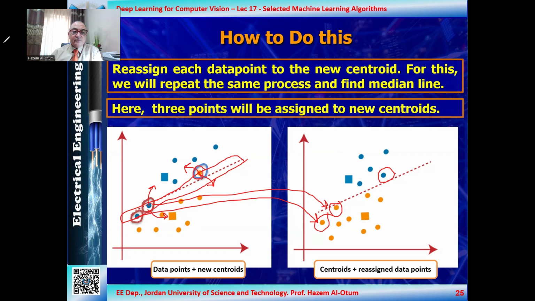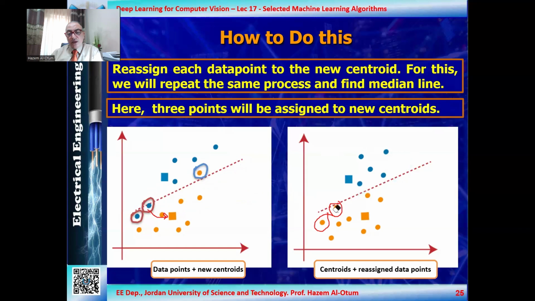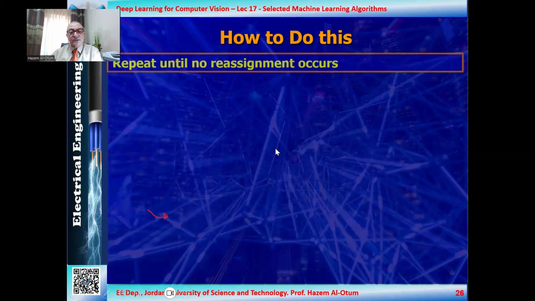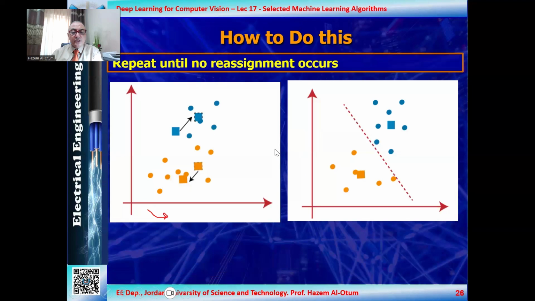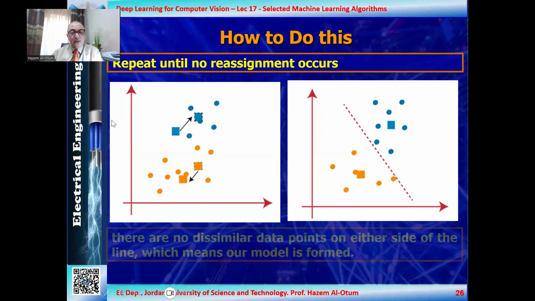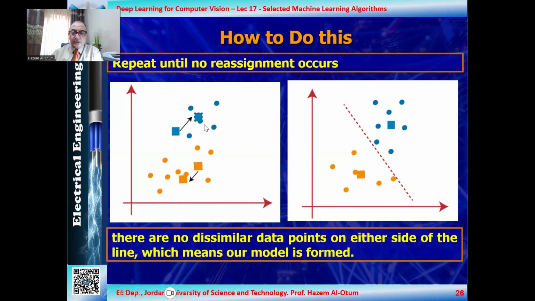If the data samples have changed to a new cluster, this means that we need to continue and repeat the process again and again, until we reach a final decision that there is no change to be done. We modify the centroid locations and repeat the process, and for example, we get this situation.